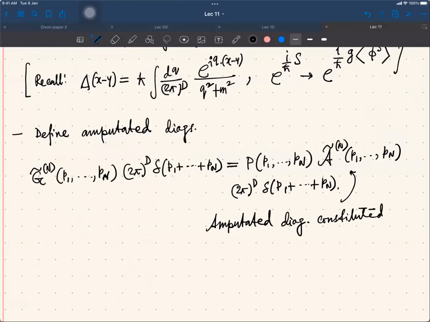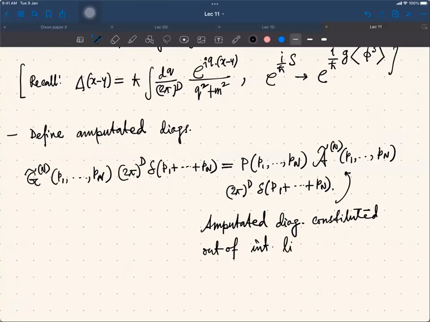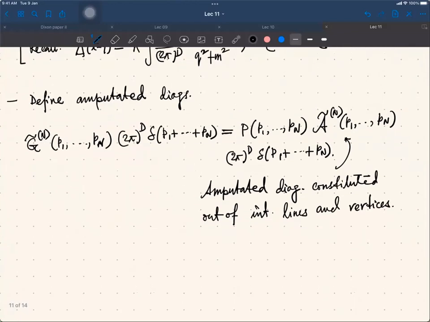It is constituted out of internal lines and vertices. The internal lines are of two types. There are internal lines which are at the tree level, and there are internal lines which are involved in loops. In the loops, all these momenta are integrated over.